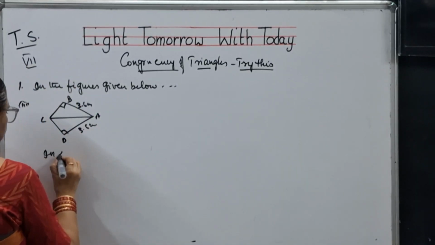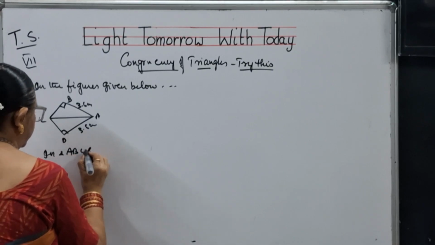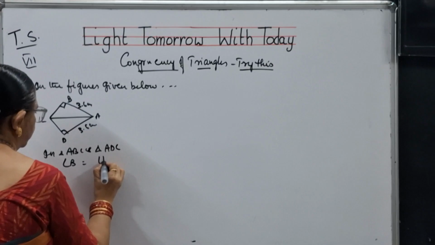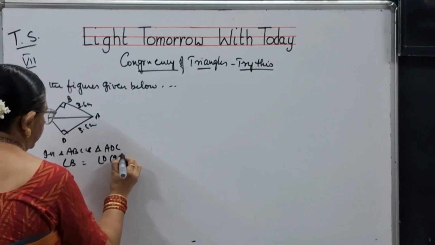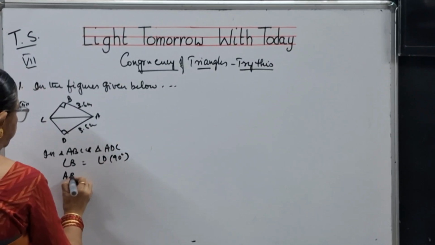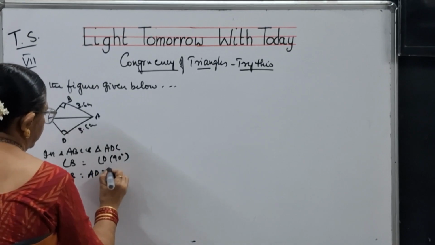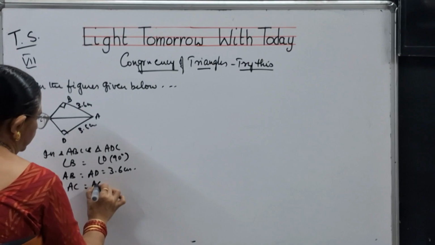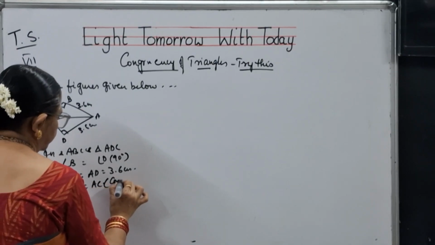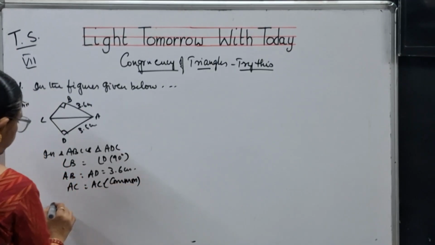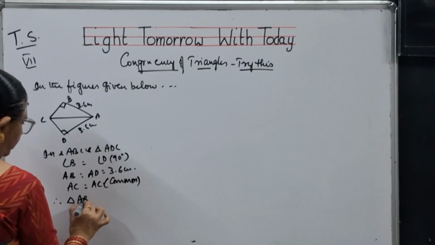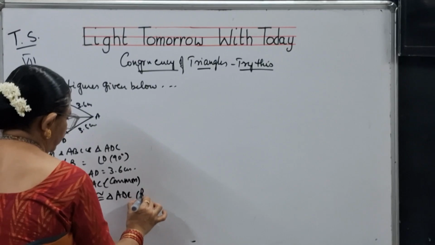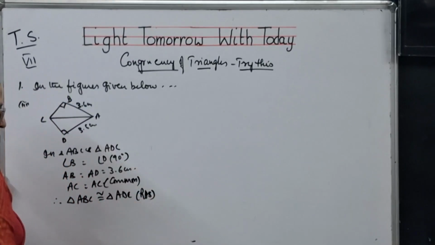So, in triangle ABC and triangle ADC, angle B is equal to angle D, 90 degrees. AB is equal to AD, 3.6 centimeters. AC is equal to AC, common. Therefore, triangle ABC is congruent to triangle ADC basing on RHS property.